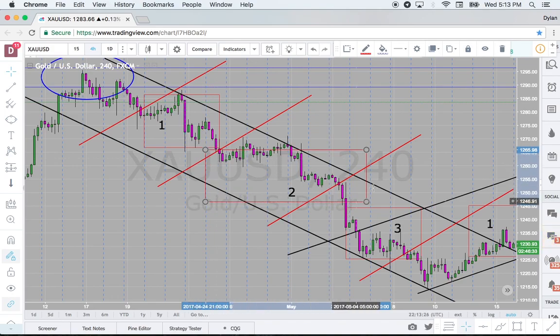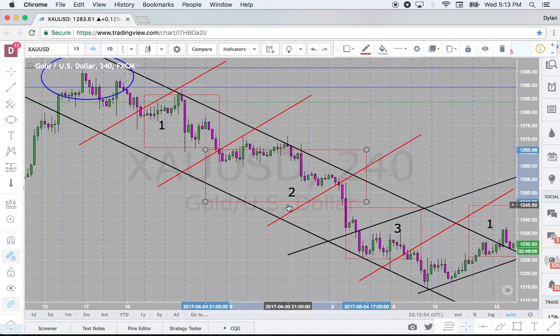Now, the second level is what will help you realize that you are in the second level, and that the third level is coming up, and that the reversal could be happening. So what are the characteristics of the second level?